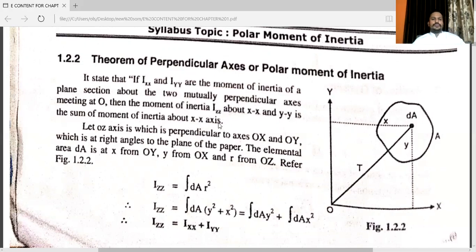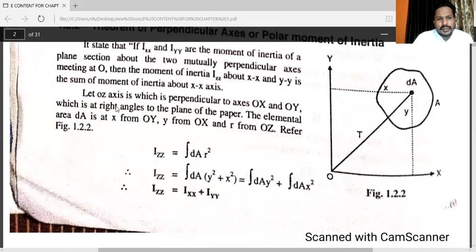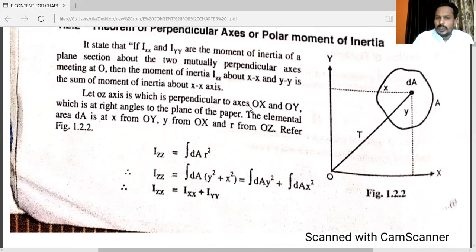See, here you can see OZ axis, which is perpendicular to the axis OX and OY.